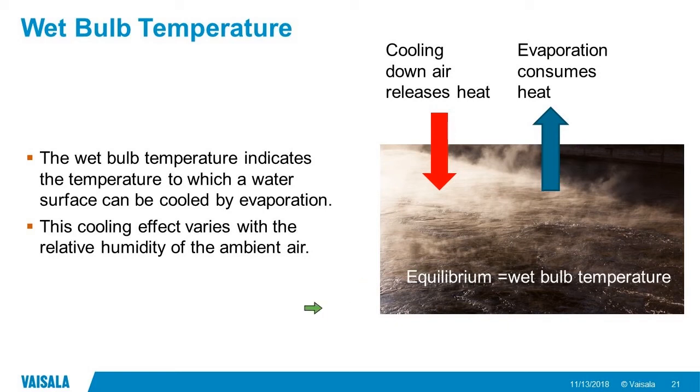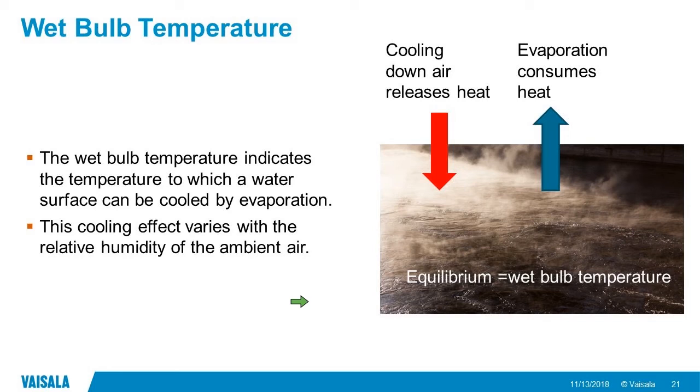If the air is already saturated, that means there will be no evaporation from the water surface and also no cooling down. And that means your wet bulb temperature is exactly the same as the ambient temperature.